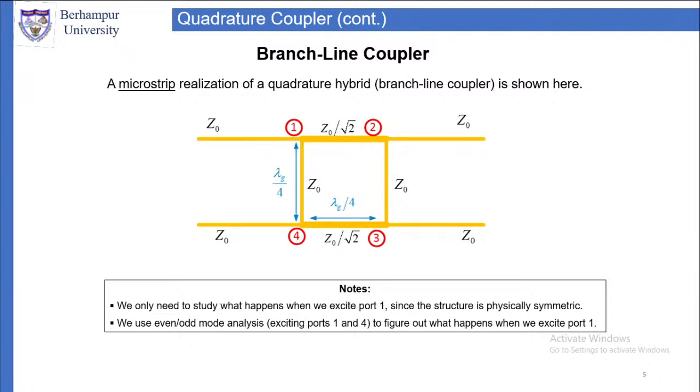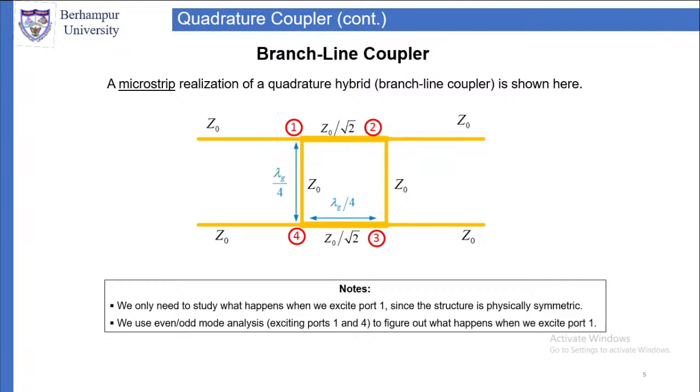Electric field plays a lesser role. So the power coupled from line 1 to line 2 is small. So when we require a small amount of coupling, when we are handling small power, then we can go for a non-branch line coupler, a simple coupler without branch line.